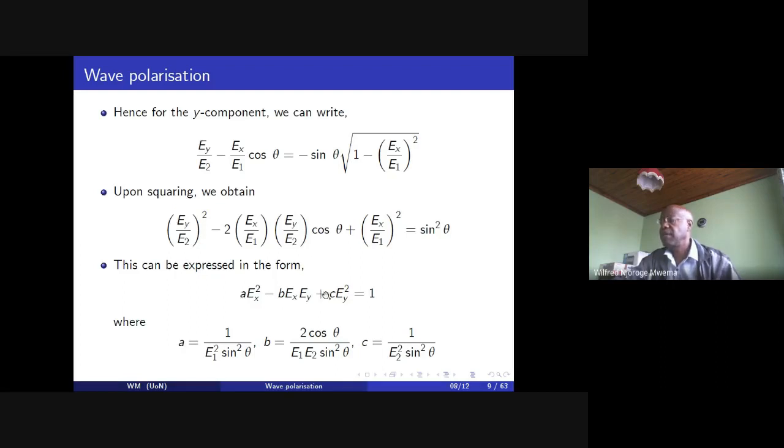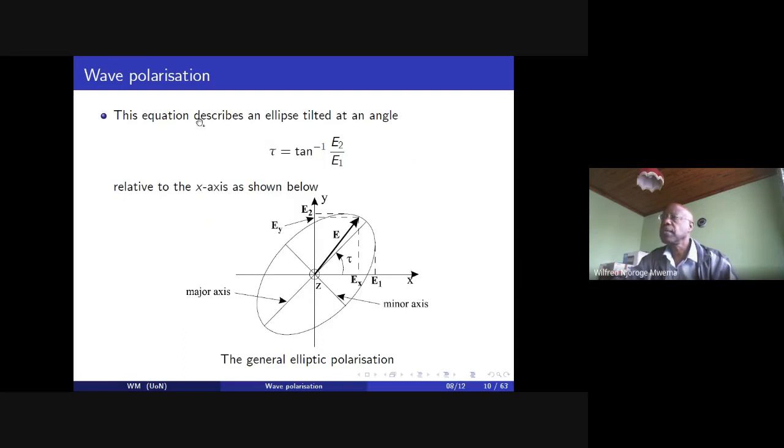A mathematical equation for an ellipse in the locus itself. So the equation describes an ellipse that will be tilted at an angle tau given by the arctangent of E2 by E1 relative to the x-axis as shown here.